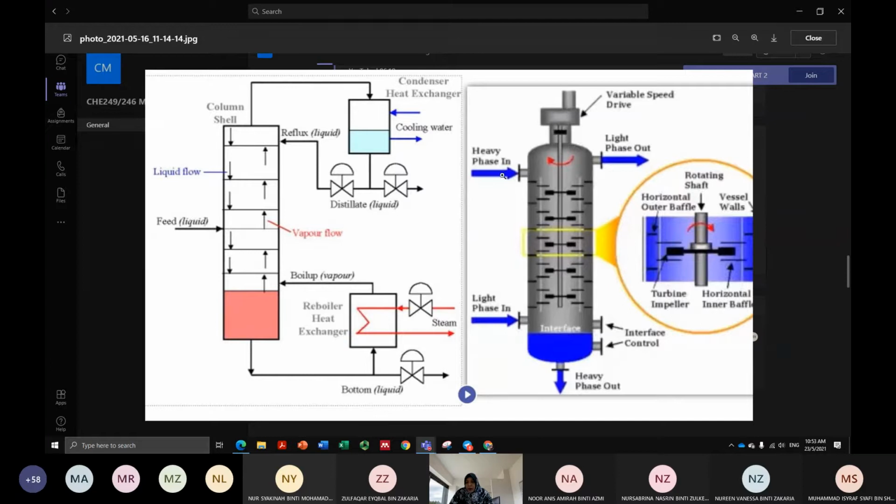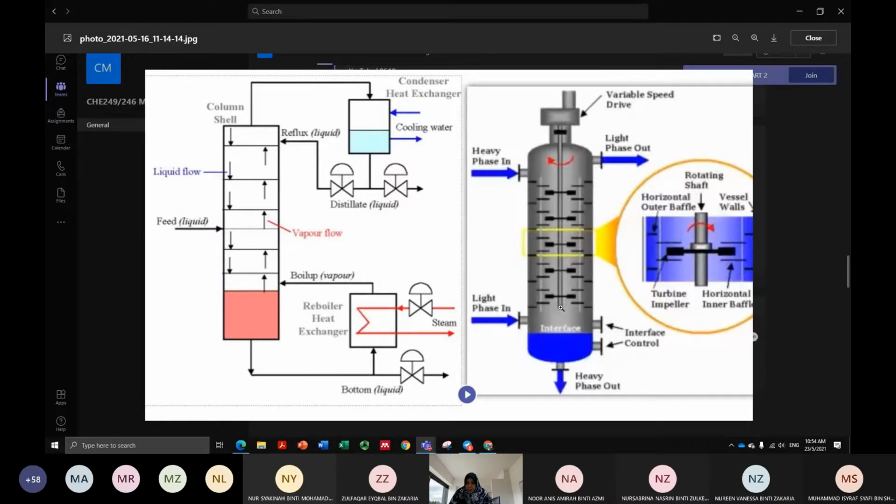You have your solute inside your heavy phase, along with your carrier. Only the solute will be attracted to your solvent, because your solvent is soluble in your solute. But the heavy phase or the solution that you have here is not soluble in your solvent.